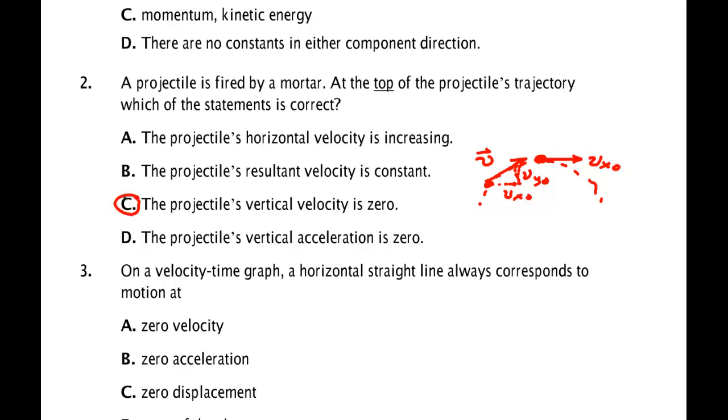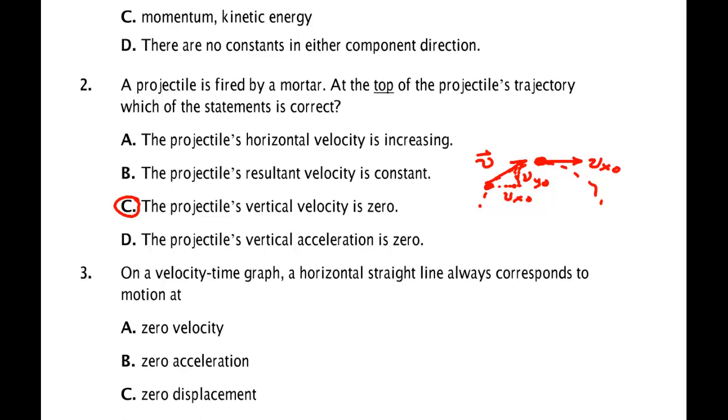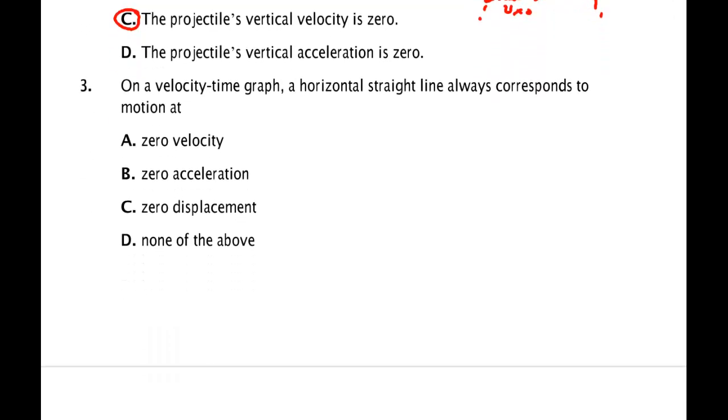On a velocity time graph, a horizontal straight line would be a line of slope 0. Slope is acceleration on a velocity time graph, and if that's 0, then there's no acceleration.